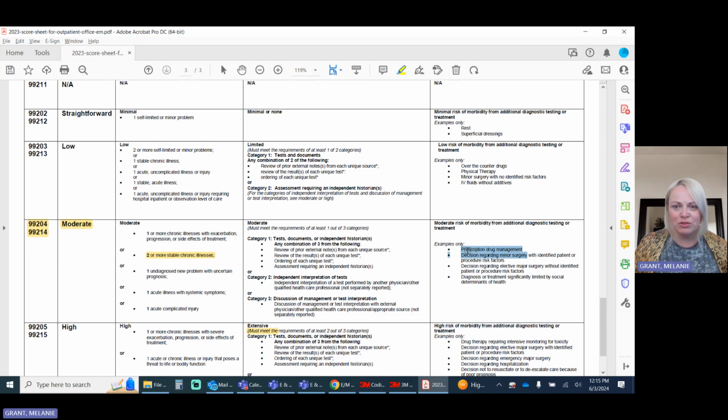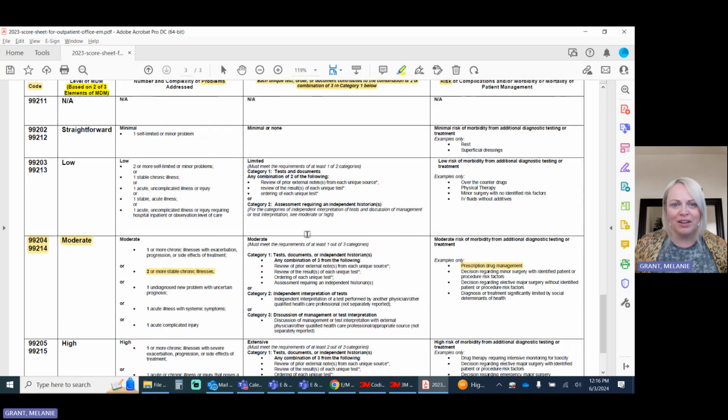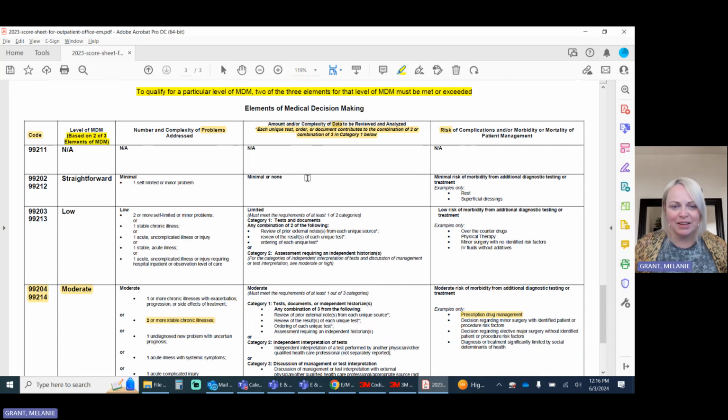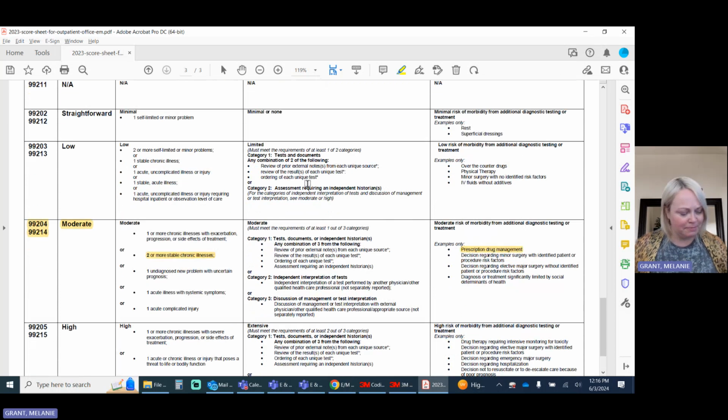And if there is prescription drug management, they are going to be considered a moderate level of risk. So we already know that, but we're focusing right now simply on this test of data. So let's look at that, okay?